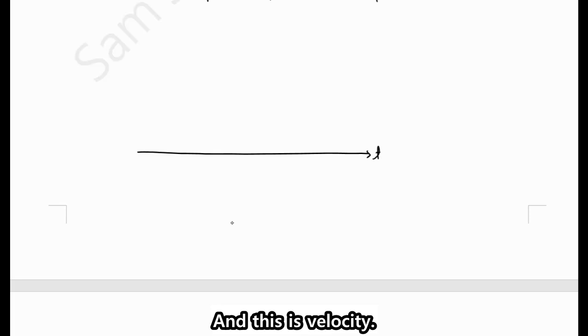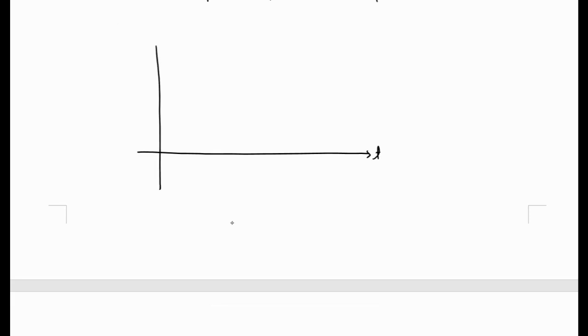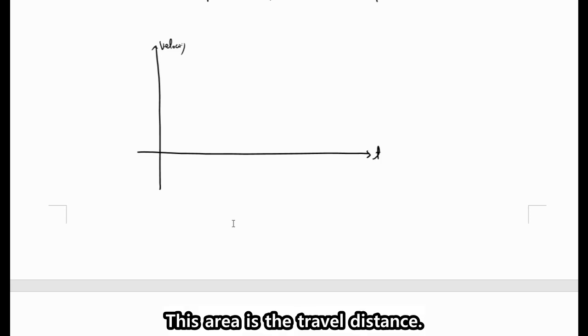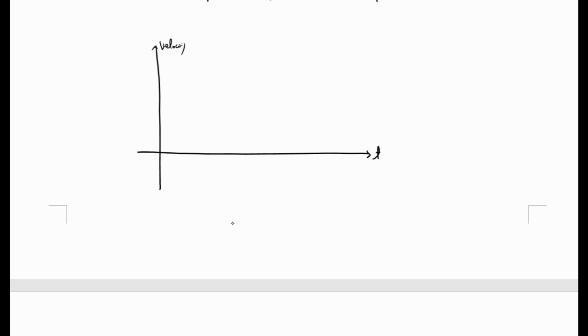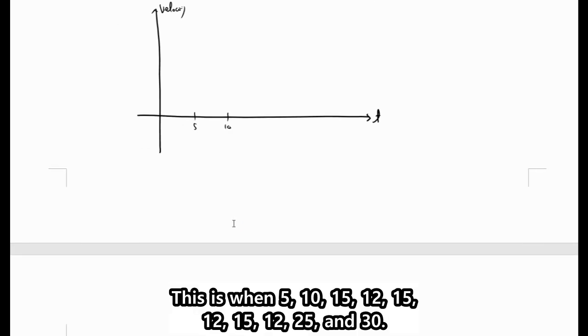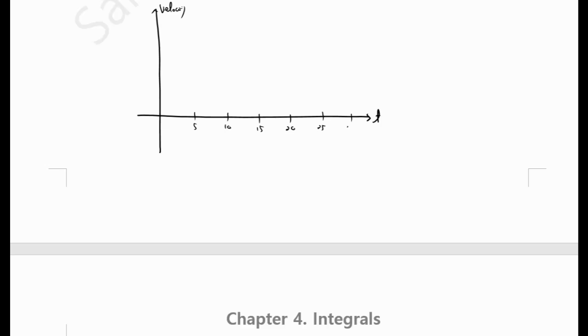So we can draw a scatter plot. This is time, and this is velocity. Time multiplied by velocity, this area, is the travel distance. The times are 5, 10, 15, 20, 25, and 30.